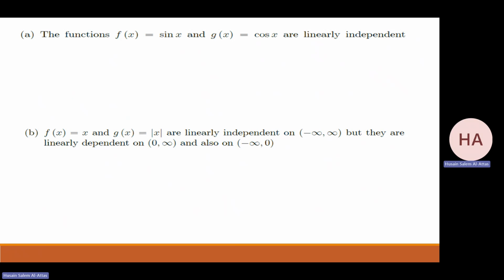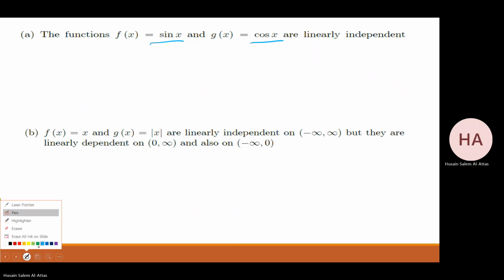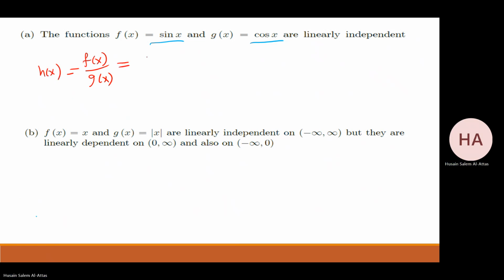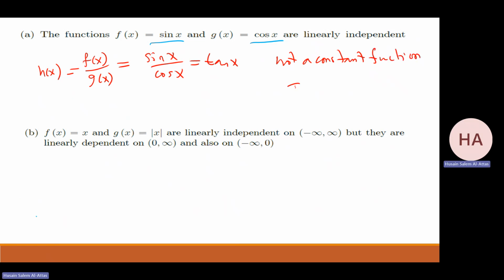For example, this one, very clear, sine and cosine are linearly independent, because if I divide them, I get sine over cosine. I'm not getting a constant. I'm getting tan, not a constant function.